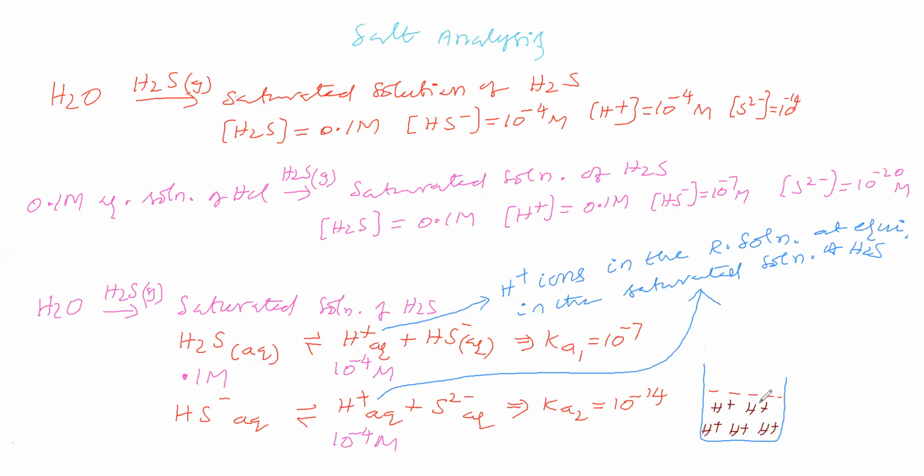Now, can you say that it is the H plus ion coming from H2S? Or can you say that it is the H plus ion coming from HS minus? We cannot say at all. We can't say.